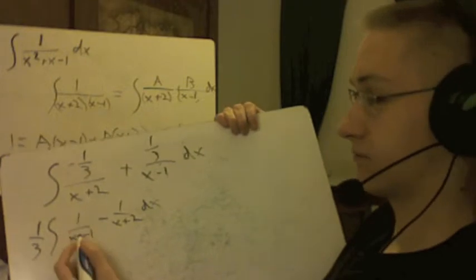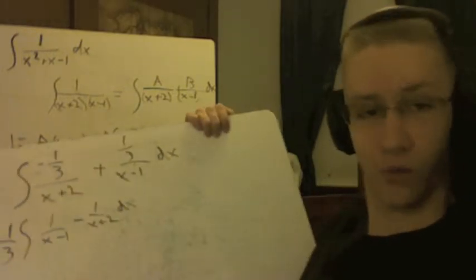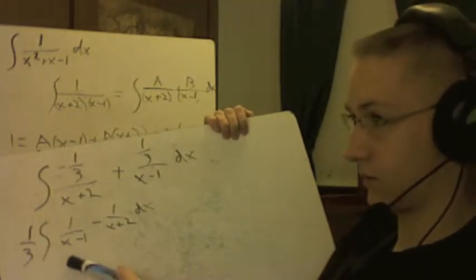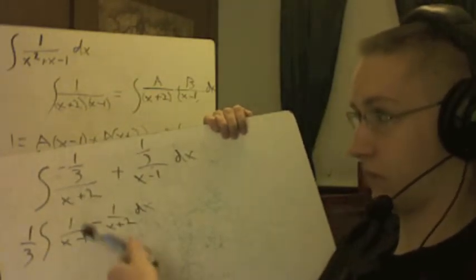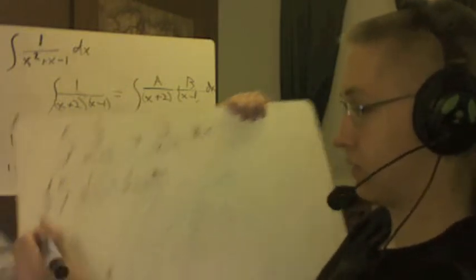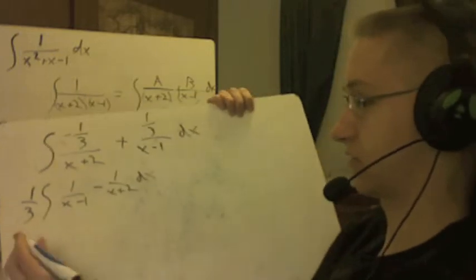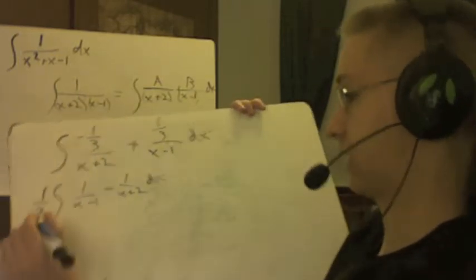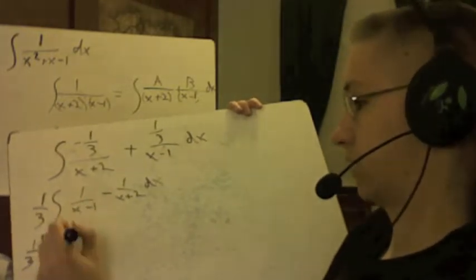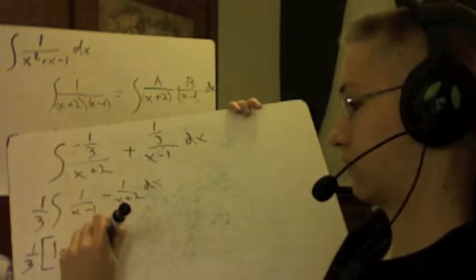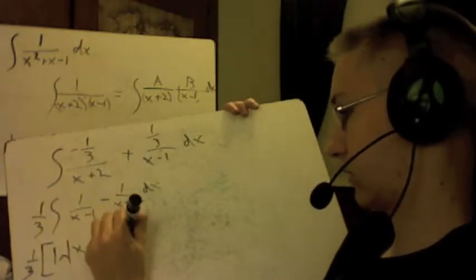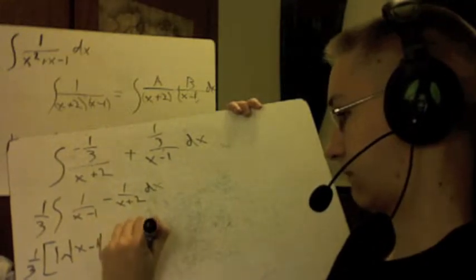This would, using u substitution, u would be x minus 1, du would be dx, blah blah blah. So this isn't a lesson on u substitution, this is partial fractions, so I'm not explaining how to do that. So that becomes natural log of x minus 1, I believe there are absolute values on that, minus 1 over x plus 2.